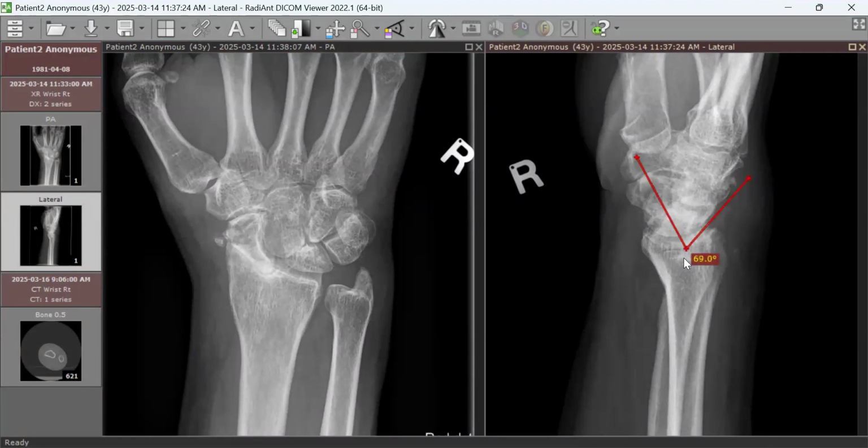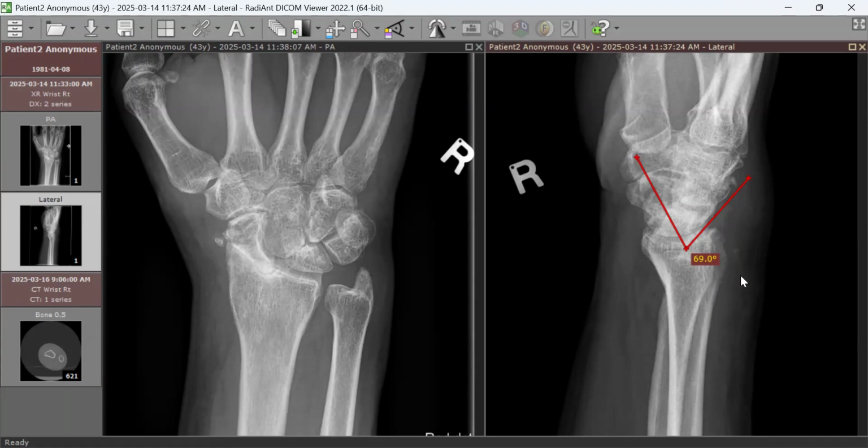This line is going through the axis of the scaphoid. So this angle is more than 60. This is the scapholunate angle. This is indicative of rotary subluxation of the scaphoid, which is an element of dorsal intercalated segmental instability. Yes, it should be less than 60.